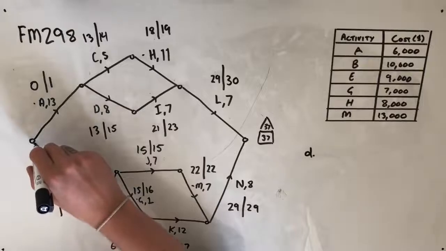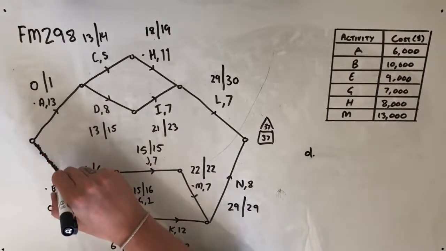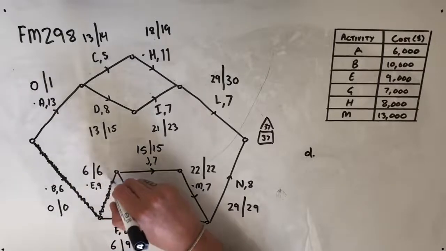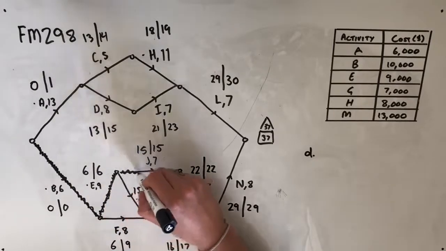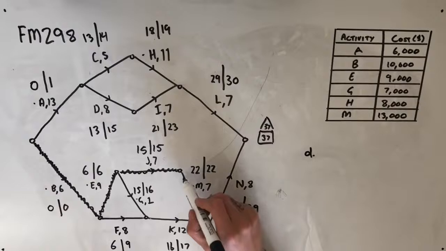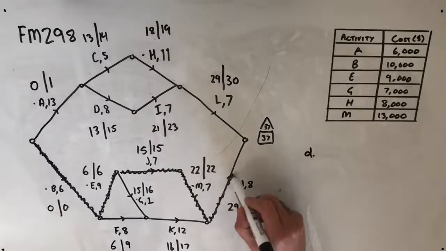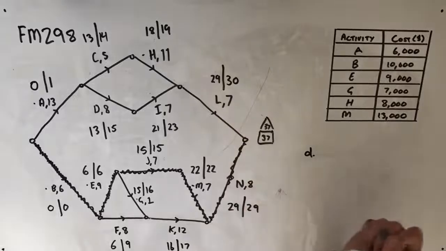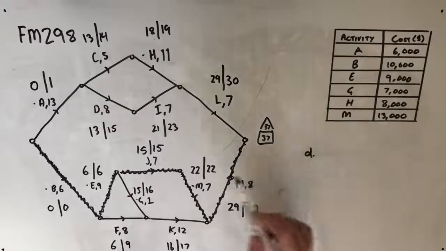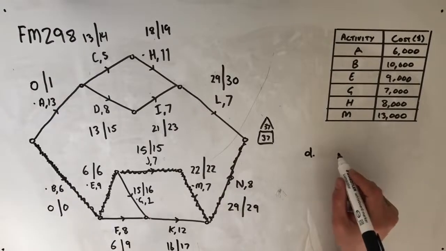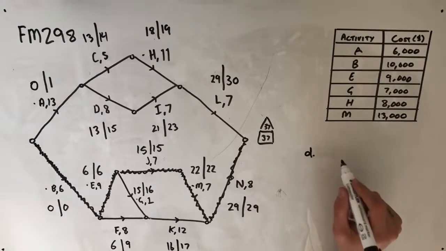So currently our critical path runs down B, up E, across J, and then down M, before finally continuing at activity N. So the only thing worth minimizing to begin with is our critical path, or activities on our critical path.